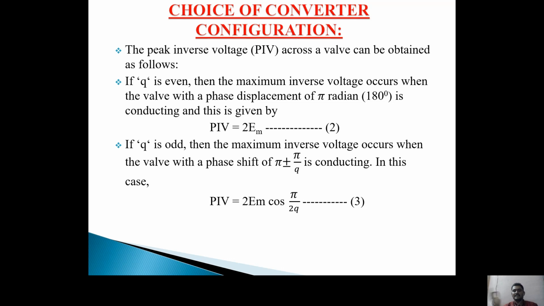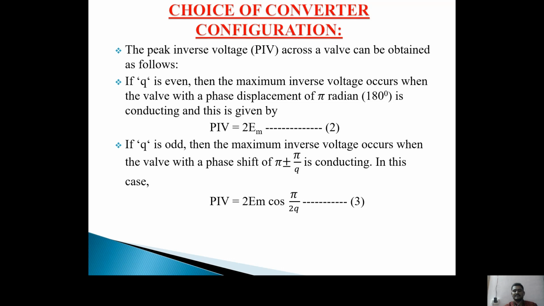Similarly, if Q is odd, that is 1, 3, 5, then the maximum inverse voltage occurs when the valve with a phase displacement of π ± π/Q is conducting. In this case the peak inverse voltage is PIV = 2Em cos(π/2Q).